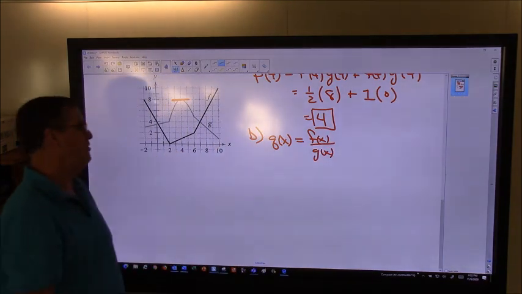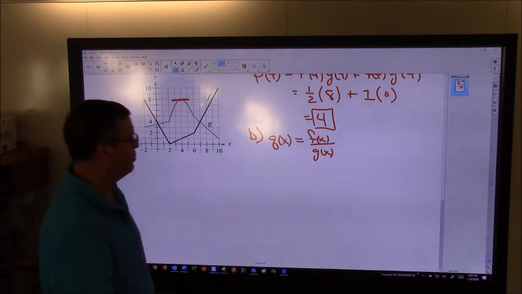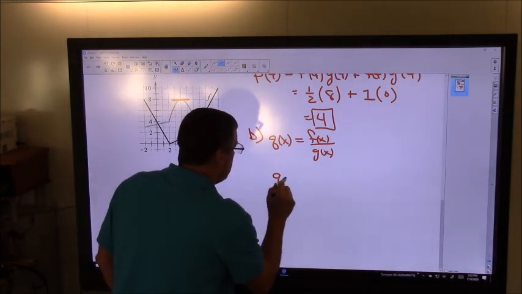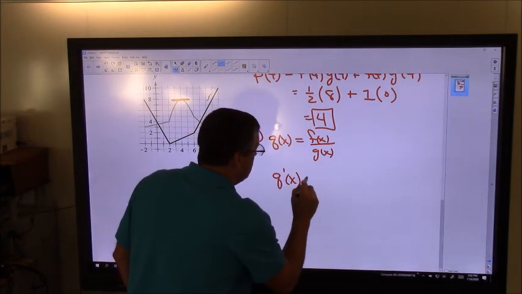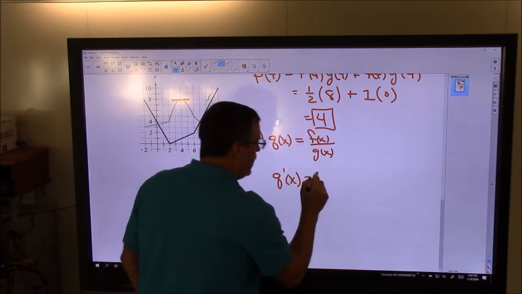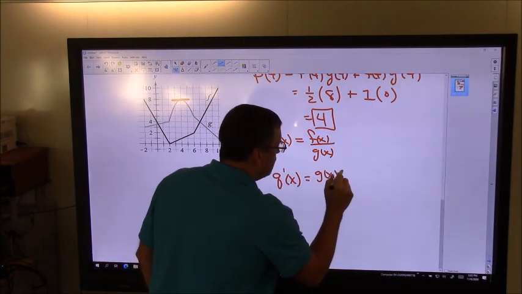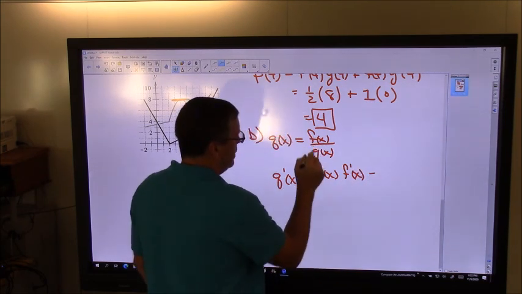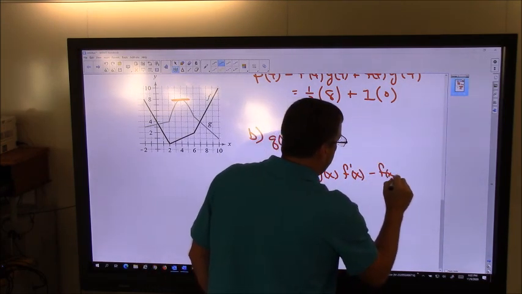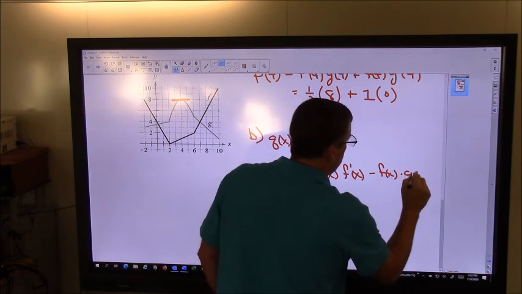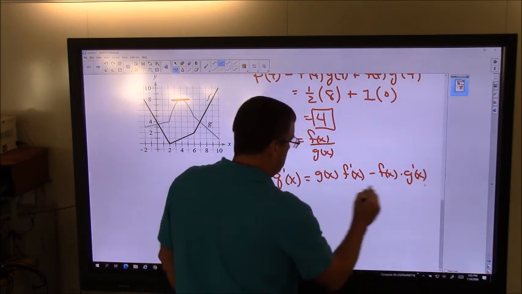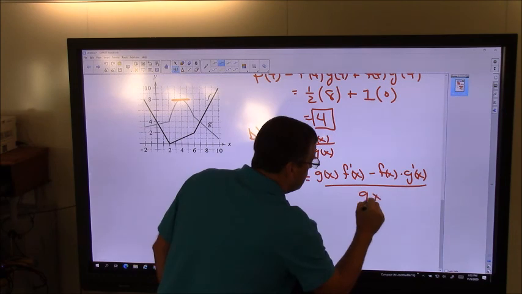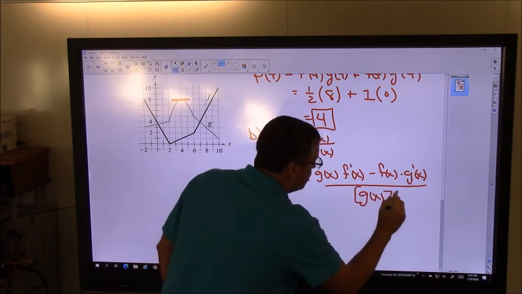So when I take the derivative of this, I have to use the quotient rule. So q prime of x is going to equal low d high, so that's g of x, f prime of x, less high d low, f of x, times g prime of x, all over low squared.